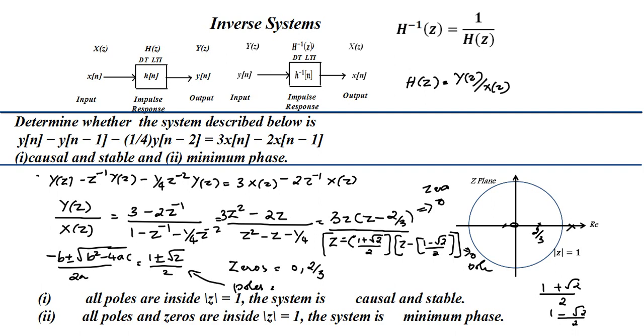You can see that not all poles are inside |z| = 1, so the system is not both causal and stable. And about minimum phase, not all poles and zeros lie inside the unit circle, so it is not minimum phase.